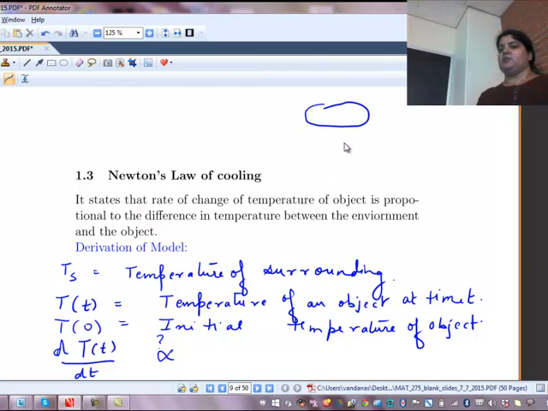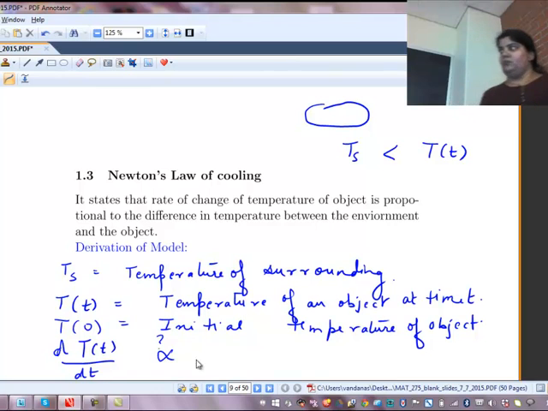So if it's cooling down, what can you say about the Ts and T relationship? Is Ts less than T or greater than T? It won't cool down if its surrounding is at a larger temperature, right? It has to be at a lower temperature. Then it will start cooling down.